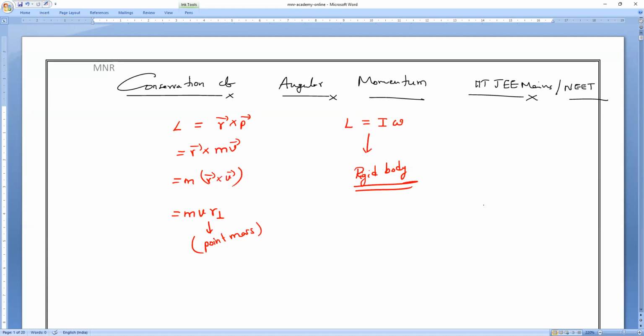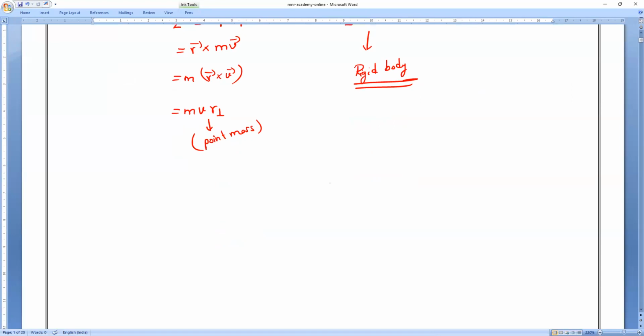Now, let us revise once again what our concept of today's class is: conservation of angular momentum. It is related to class 9th. In class 9th you might have studied conservation of momentum, just conservation of linear momentum.